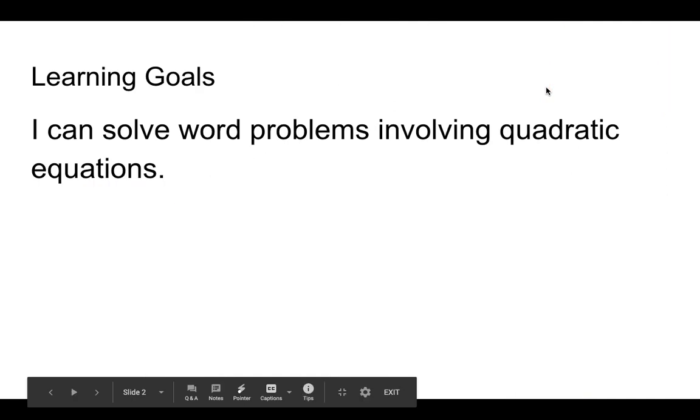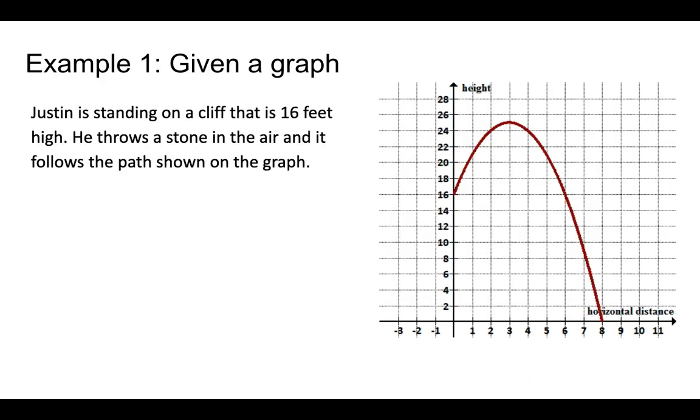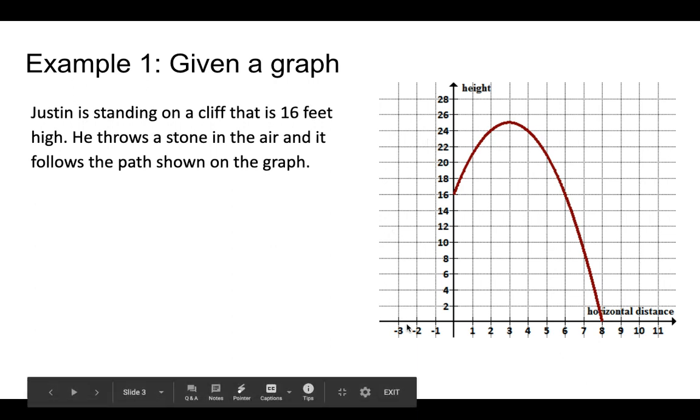Our learning goal for today is to solve word problems involving quadratic equations. The first type of application is when we're given a graph and what information we can get from the graph. So let's say we have Justin here. He's standing on a cliff that's 16 feet high. On our graph, the x-axis you can think of as the ground, and the y-axis is the cliff.